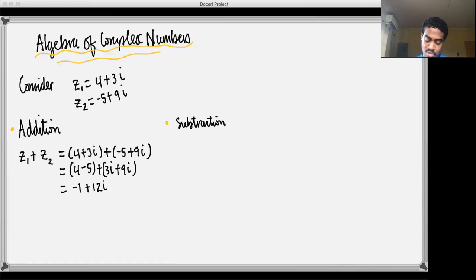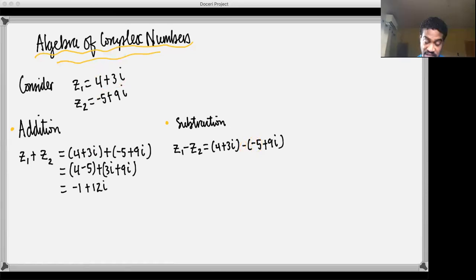If we take Z1 and subtract it from Z2, so that would be this minus this, we just replace Z1 and Z2 with their complex numbers. And we have to be careful here with our little negative sign and the fact that the real part has a negative 5.